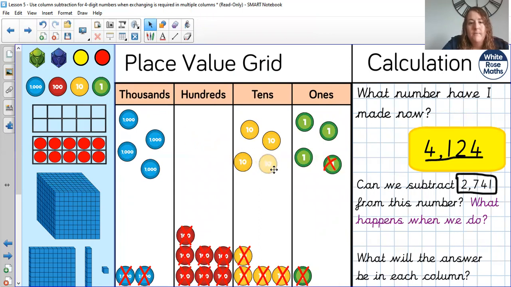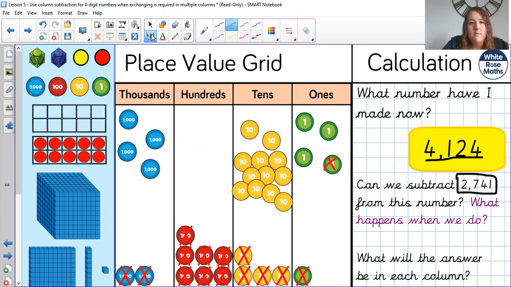So 1, 2, 3, 4, 5, 6, 7, 8, 9, and 10. Okay, so now I can do my subtraction.